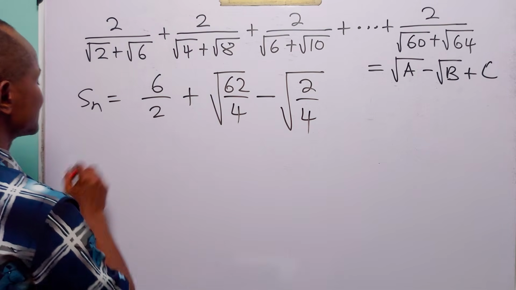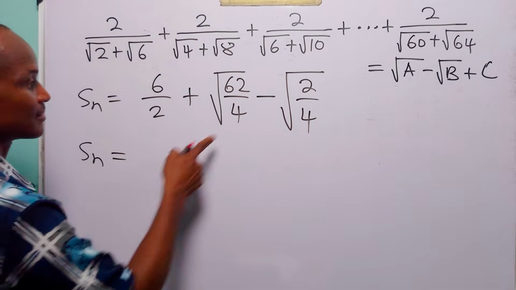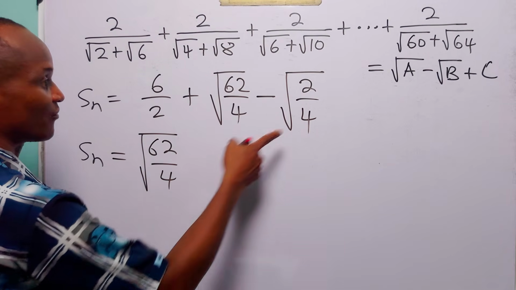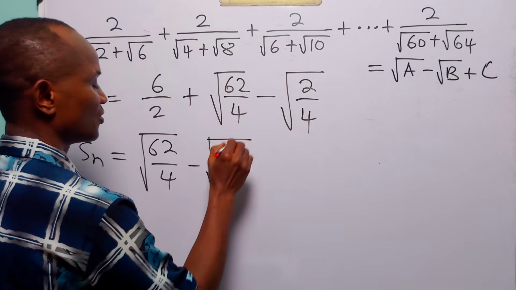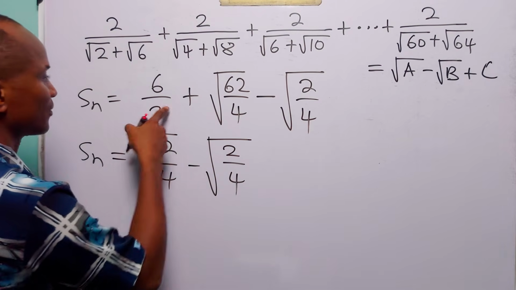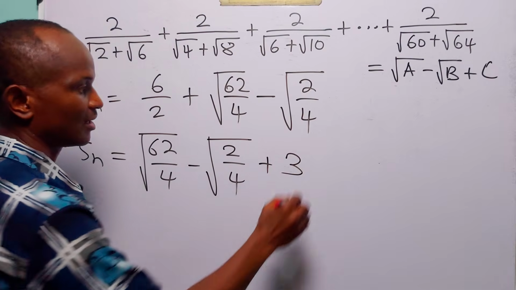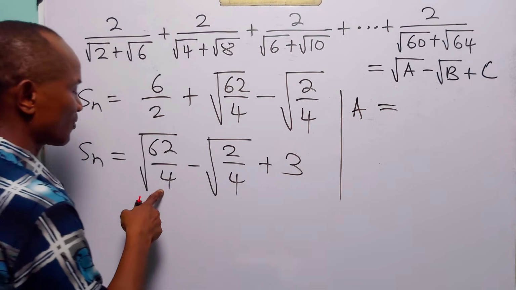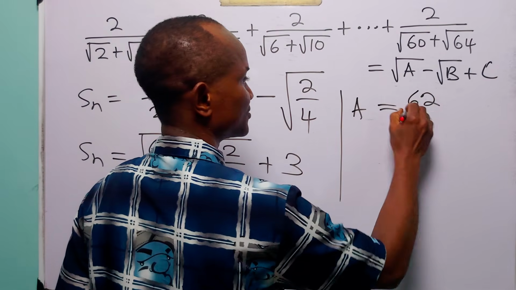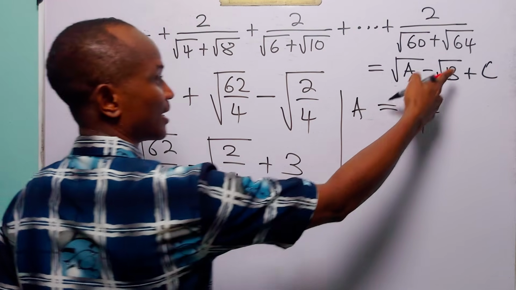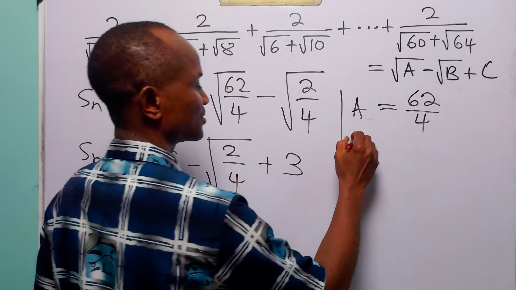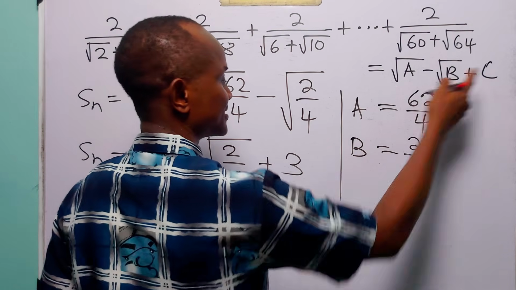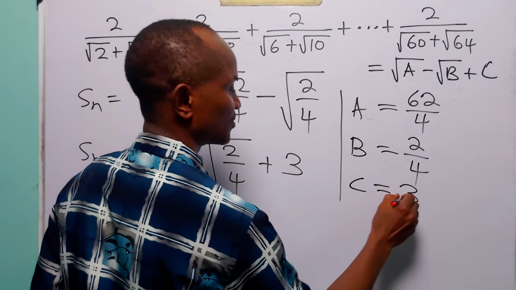And of course we can write this sum Sn as root 62 over 4 minus root 2 over 4 plus 3. From here we have that A is equal to root 62 over 4. B is equal to root 2 over 4. And C is equal to 3.